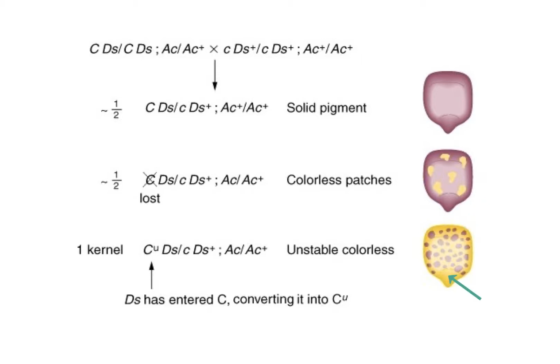In the case of the colorless regions, those were caused by a disruption of the pigment gene by the transposable element. But in some rare cases, the transposable element would pop out of the pigment gene and would restore the function of the RNA and eventually the protein so that it could form that pigment.